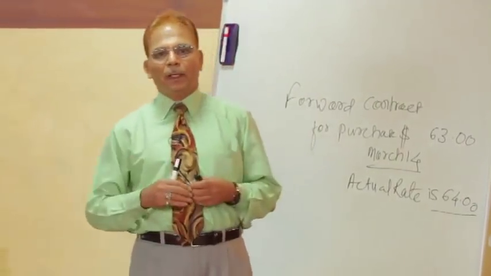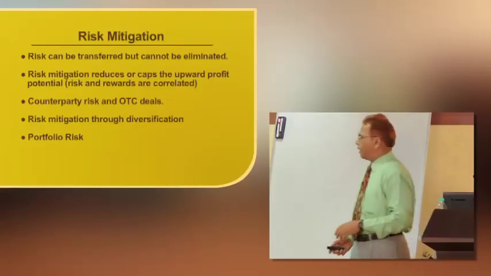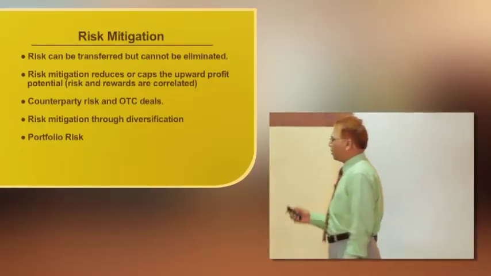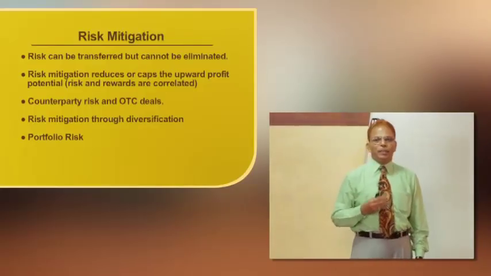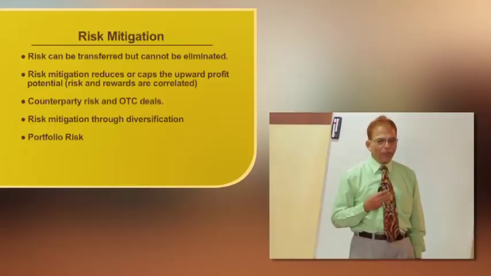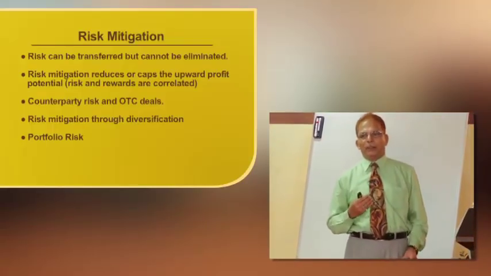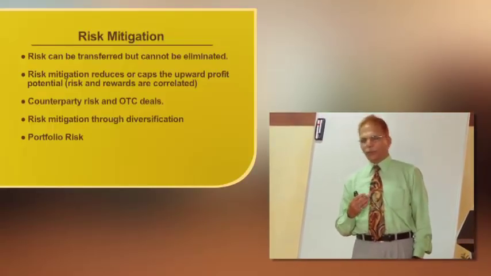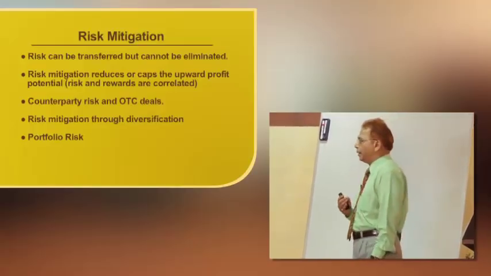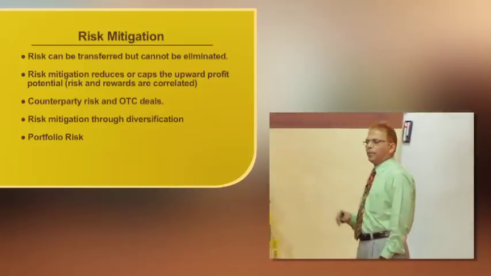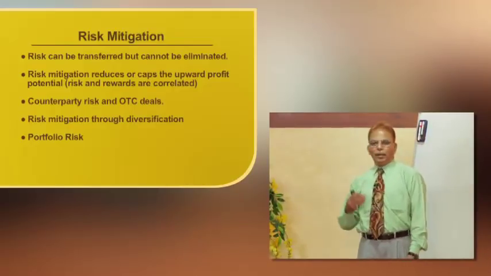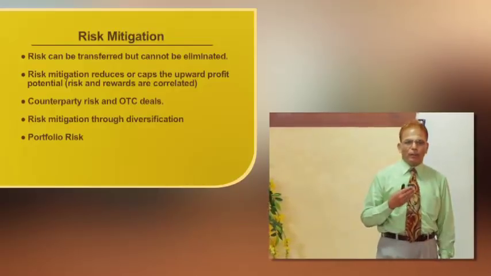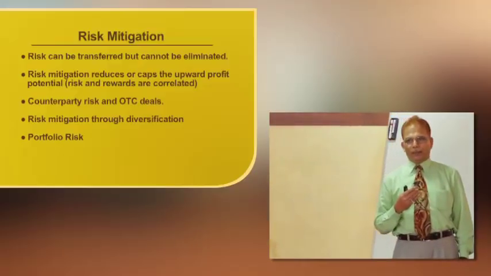But I will not get that additional 1 rupee because I used that risk mitigation to restrict my losses. Now, as a part of risk mitigation, we must also understand the counterparty risk. And what is counterparty risk? When you have done a deal, maybe a purchase of some financial instrument, with some counterparty who can be a bank or non-bank, there is something known as settlement risk.